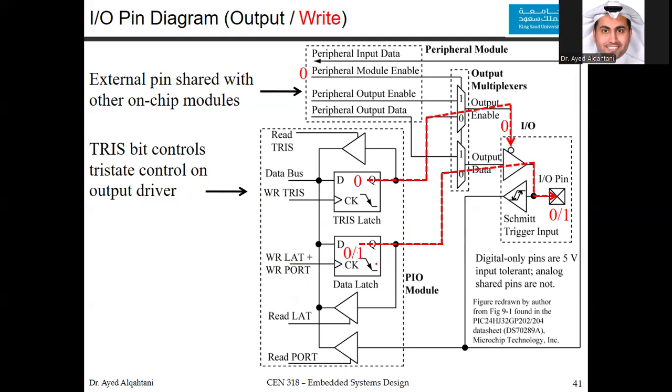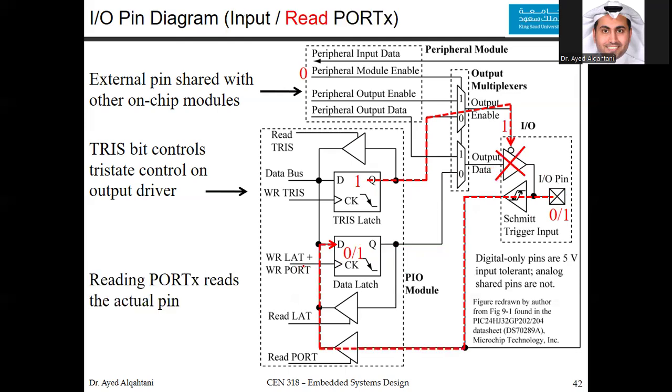This means that when you are configuring your pin as an output and you are writing out, the latch or the port values, it doesn't matter. They are equal to each other. So they will be the same.